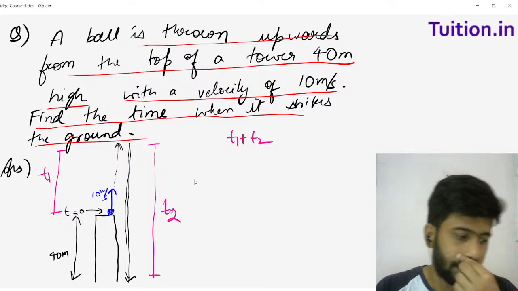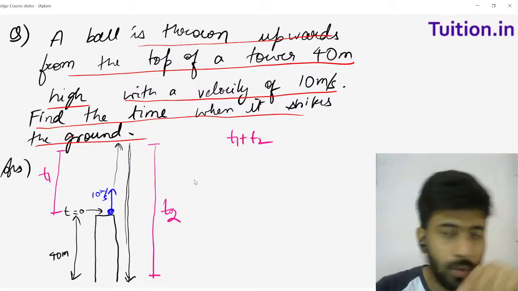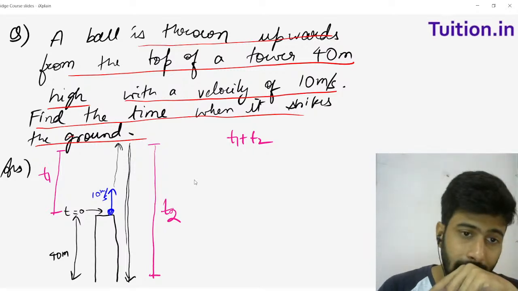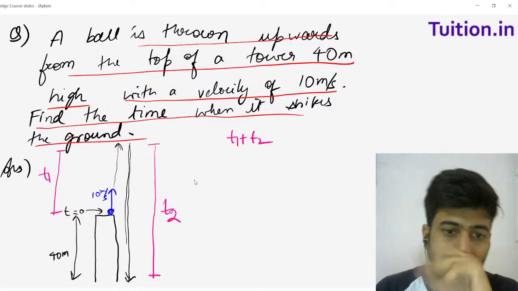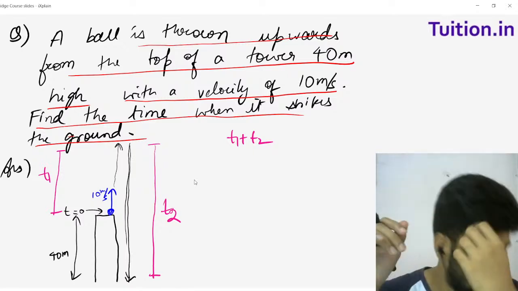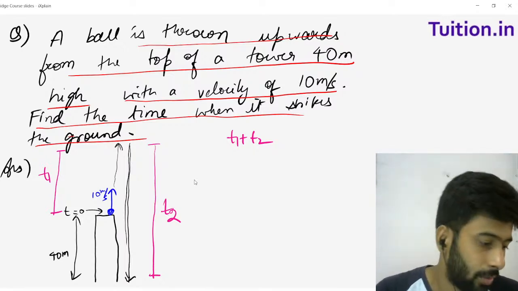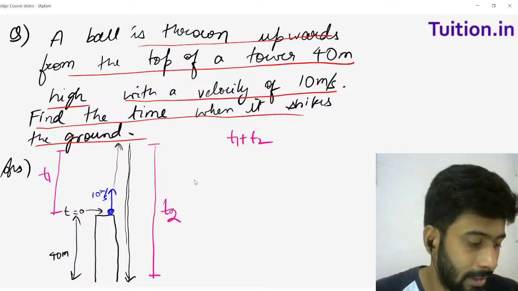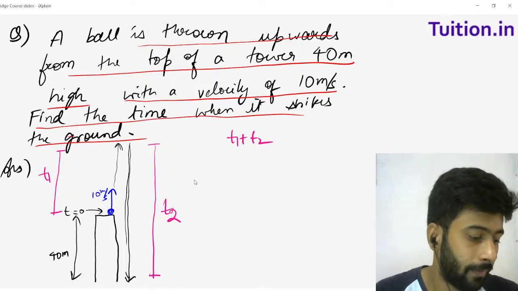First of all, I'm doing this problem, I'll continue, but I just want to know, can you guys do this problem on your own? I want to know the level when you come out of 10th. What is your level? When you see these problems for the first time, are you in a position to do it by yourself? Yes or no? Just type a yes or no in the chat box. Can you do this on your own?